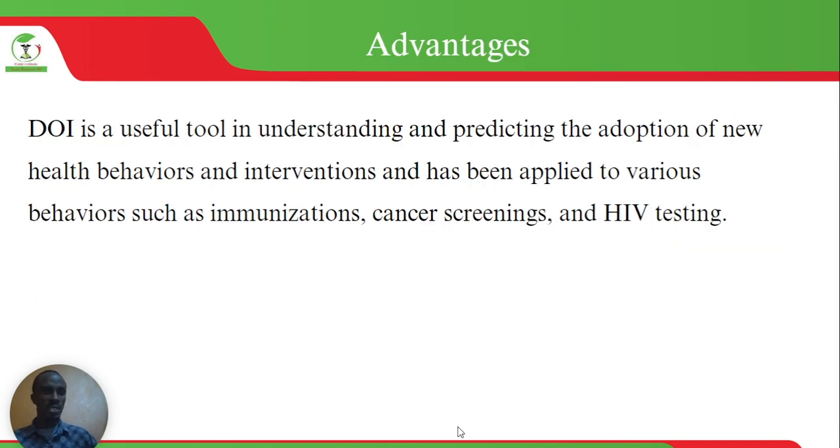So this DOI, or the diffusion of innovations theory, is a useful tool in understanding and predicting the adoption of new health behaviors and interventions that have been applied to various behaviors such as immunizations, cancer screenings, and HIV testing.